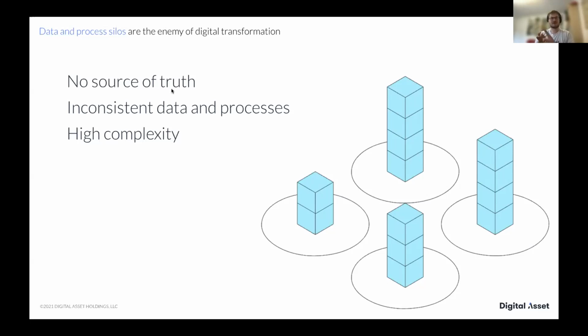The first is you need access to real-time, consistent and quality data that you can use for analytics and decision-making. With the fractured siloed landscape you get in most enterprises, you simply do not have a source of truth that you can use for that purpose.